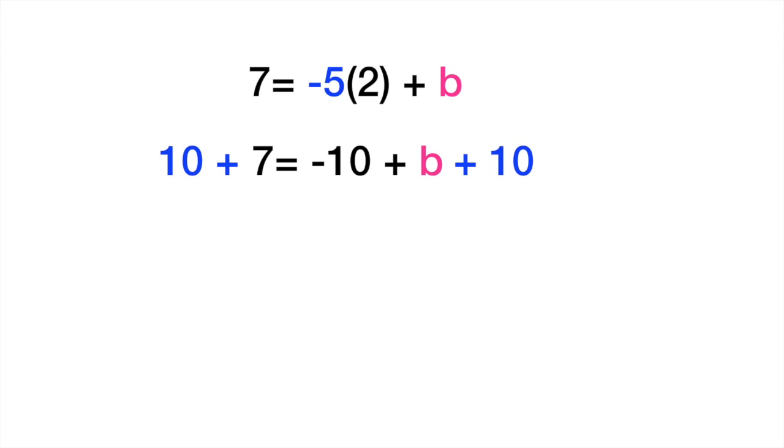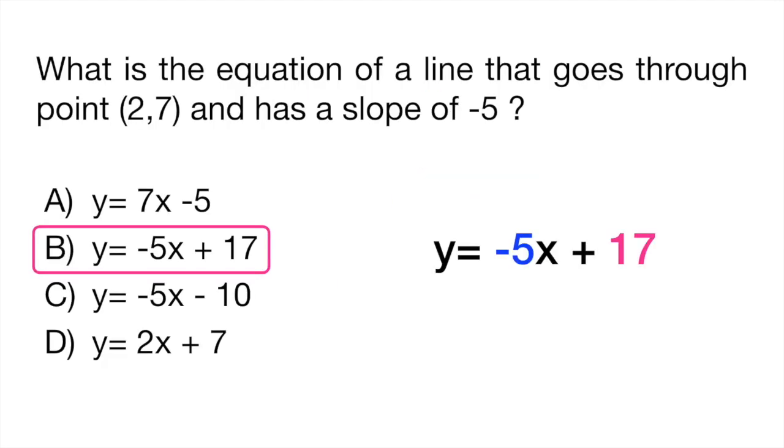Because minus 10 plus 10 is going to cancel out, is equal to 0, and then on the other side, you end up with 17 is equal to b. Okay, so if you take that value for the letter b and you just plug it into the equation, you end up with y is equal to minus 5x plus 17. And this, I think, is the best way to do it. If you do it in these 2 steps, it's going to be very easy for you to figure these questions out.